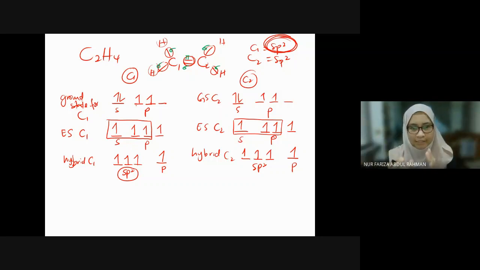But for multiple bond, you akan tinggalkan based on the number of pi bond available in the molecule. So in this case, kita ada satu pi bond between the carbon. So that means for each central, in this case carbon, you kena ada satu unhybridized p orbital. This is for C1 and this is for C2.